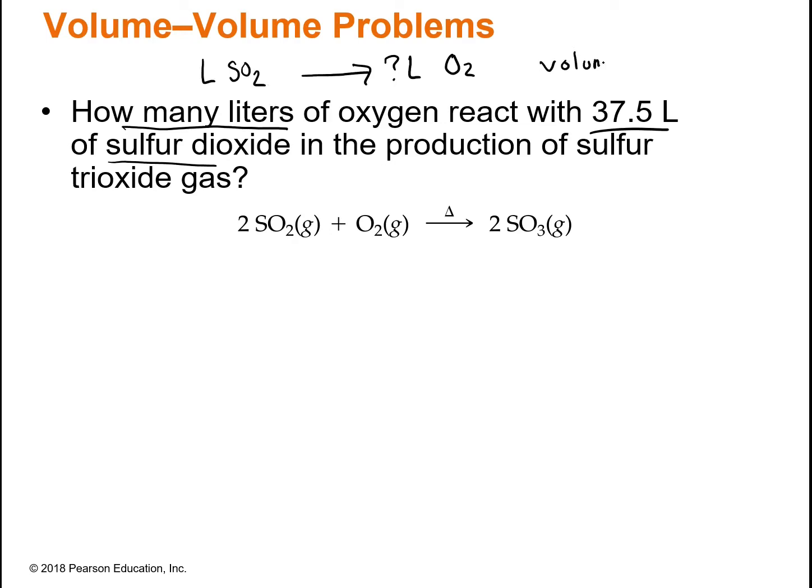That's a volume to volume. We're just identifying the pieces of information as a mass or volume, and then seeing what type of problem we have. Now we know it's a volume to volume. It's a piece of cake.